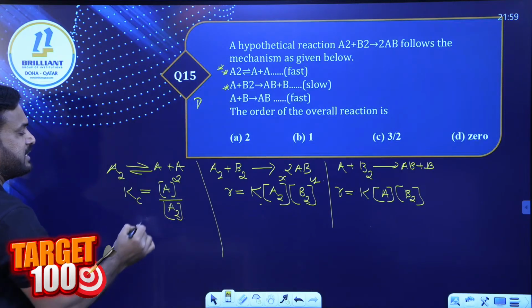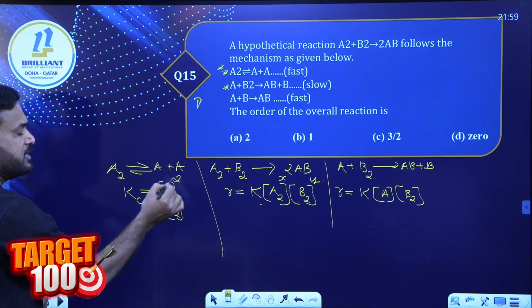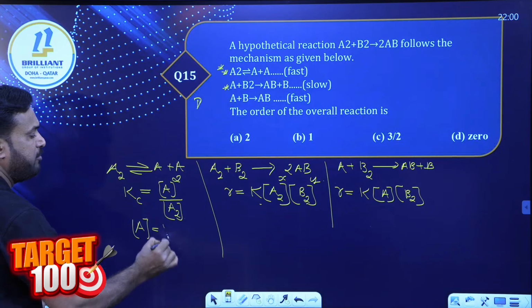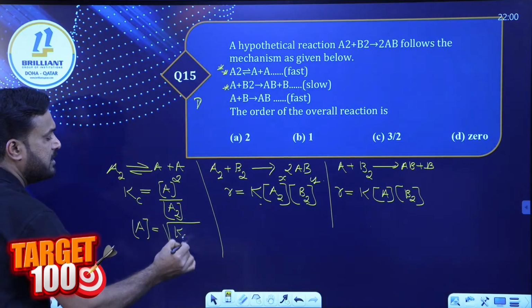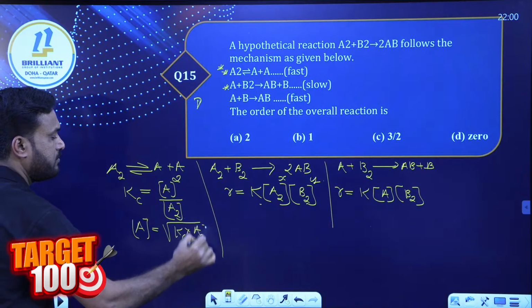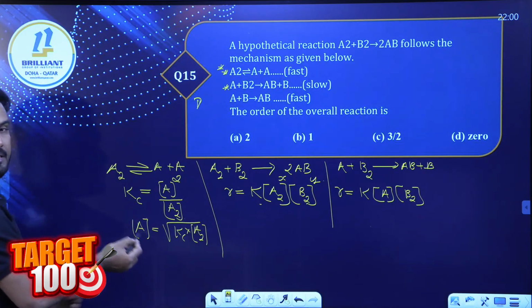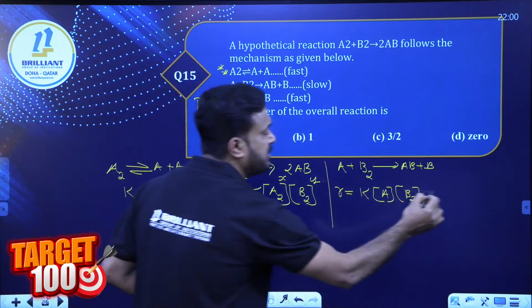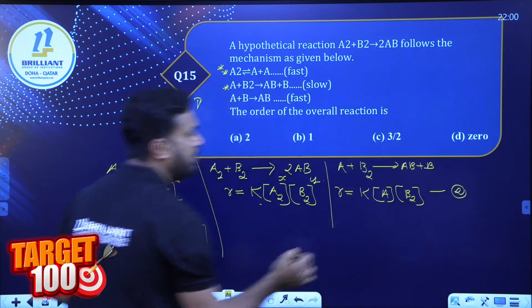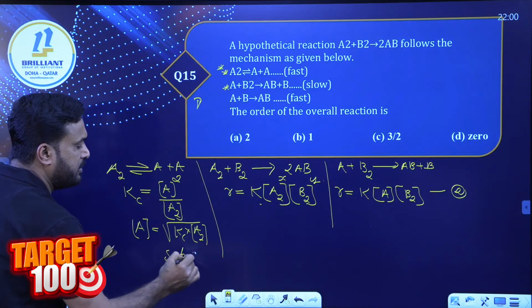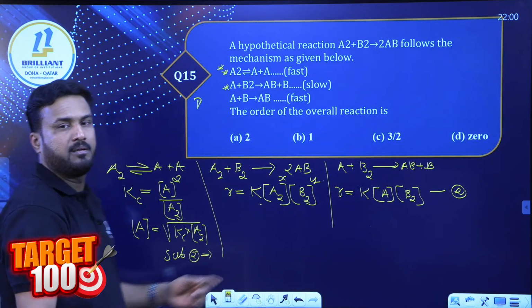From this I can take the substitution of A. A squared means the concentration of A will be root of Kc into A2. This I am going to substitute into this equation, which I take as equation number 2. So substituting into equation number 2, what will you get?